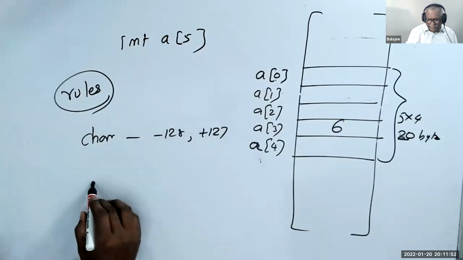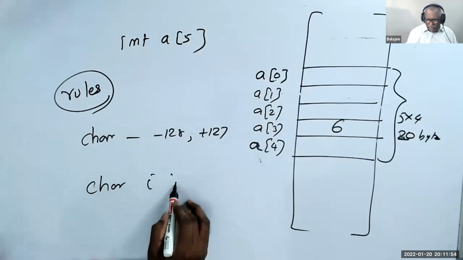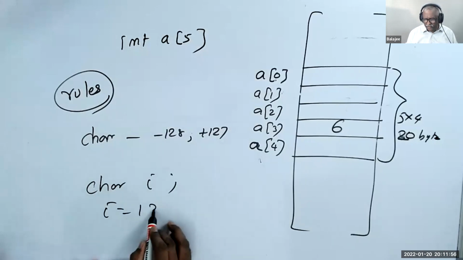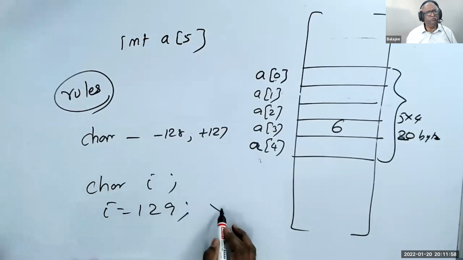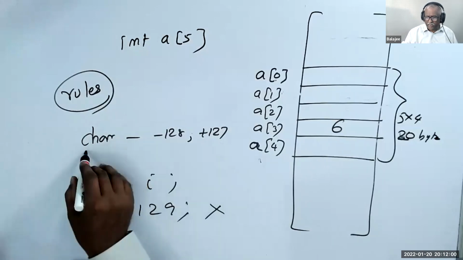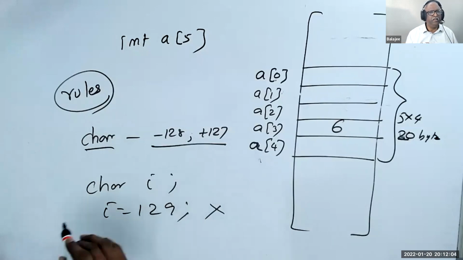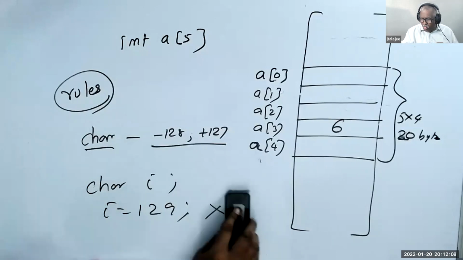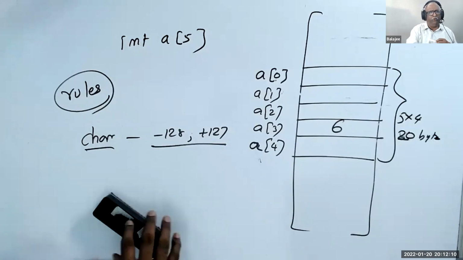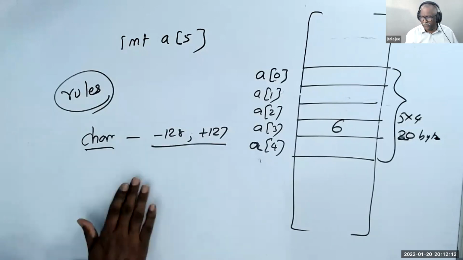If I say char I is equal to 129, this is wrong because char only goes up to 127. Don't try to declare other numbers and ask what will happen. That is not right. Once you become an expert, you can ask those things. Not now, initially.